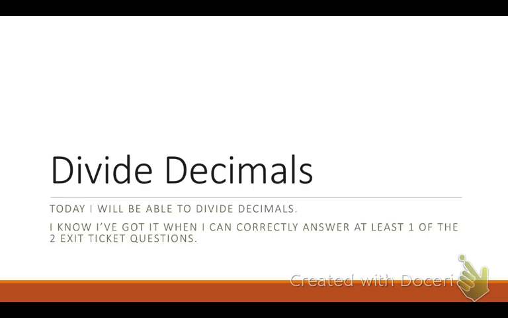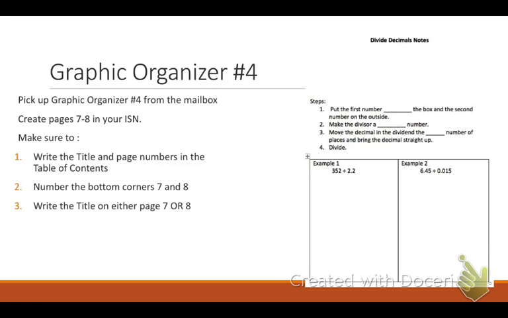Alright, you should know the drill by now, where you're going to pick up a graphic organizer from the mailbox. It's in graphic organizer space number 4. And you're going to get your spiral and glue that onto page 7 of your individual student notebook.